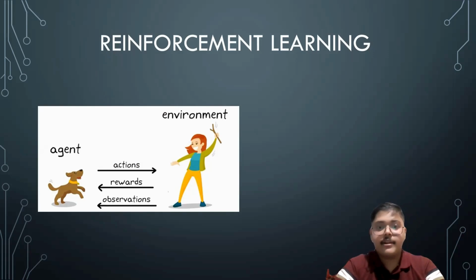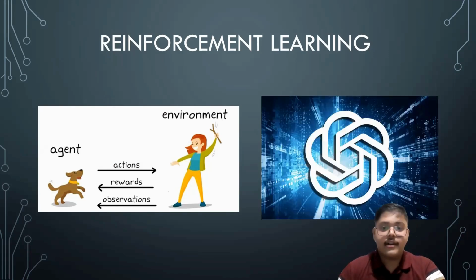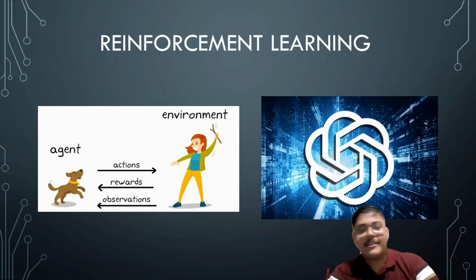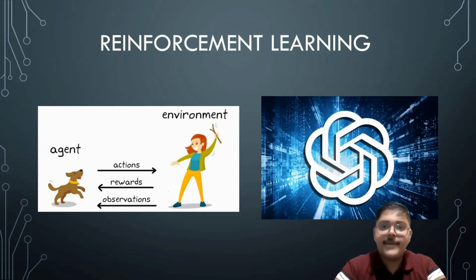The best example for the reinforcement learning model is our own ChatGPT, which we use in our day-to-day life. Earlier, the ChatGPT model, which you all know, GPT-3, was not very good at answering our questions or giving proper responses. But consider ChatGPT 4 now.